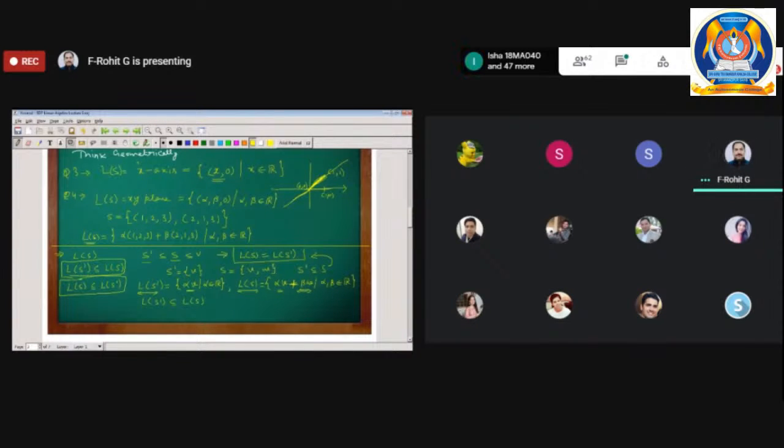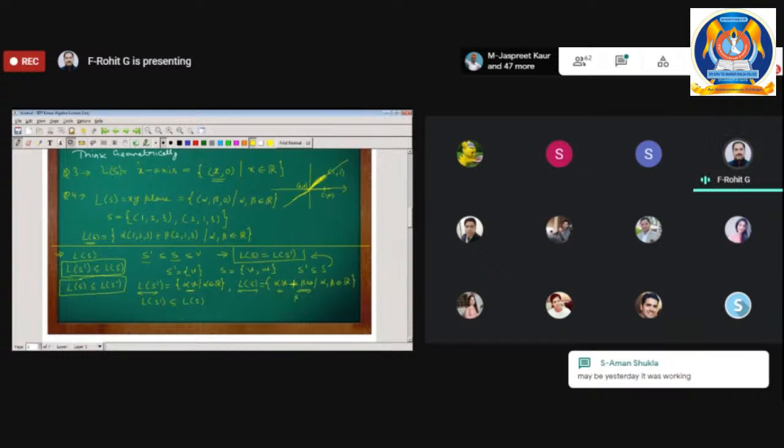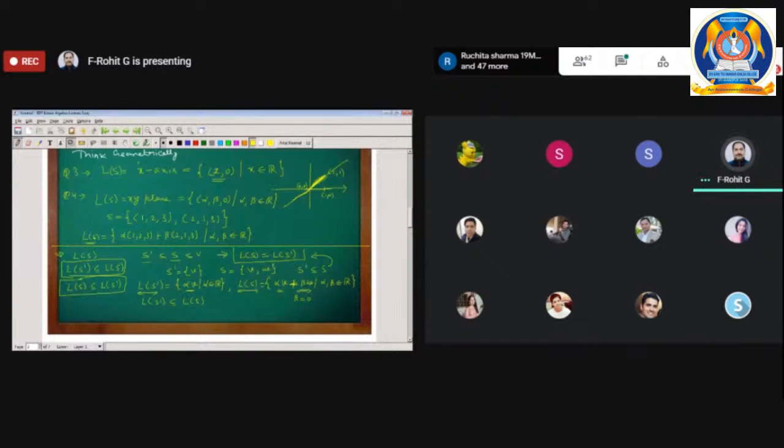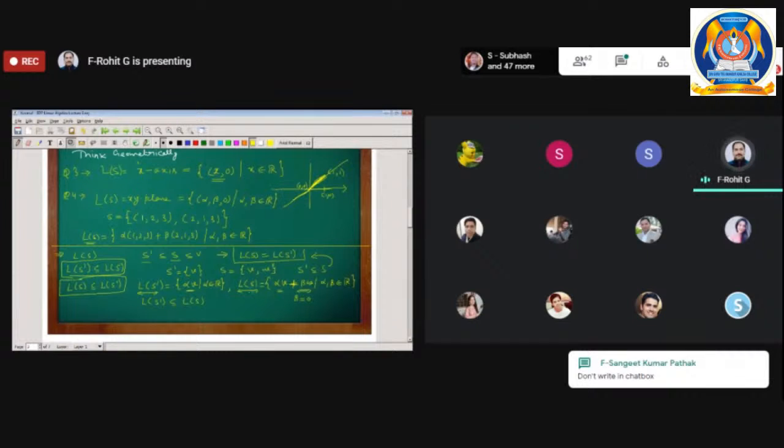So when beta is 0? When beta is 0. Okay, correct. If I take beta equal to 0, then every scalar multiple of V belongs to L of S, right? So that means the linear span of S dash is a subset of the linear span of S. Is it okay?